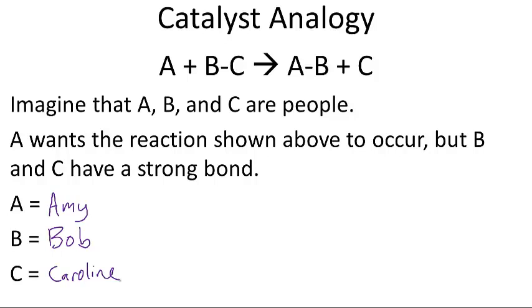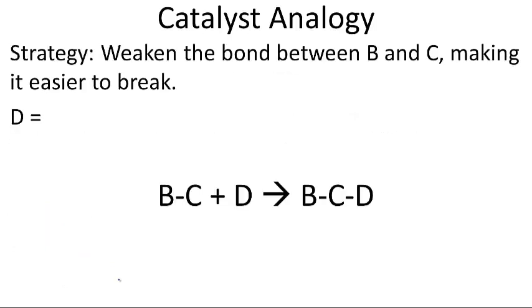So Amy really wants this reaction to happen. A plus BC makes AB plus C. All right? The problem is B and C have such a strong bond. So Amy's going to call on her friend. I need a name starting with D. Devon. All right.